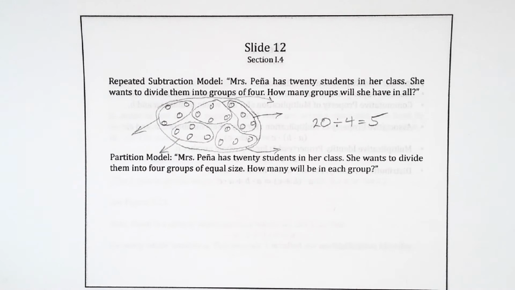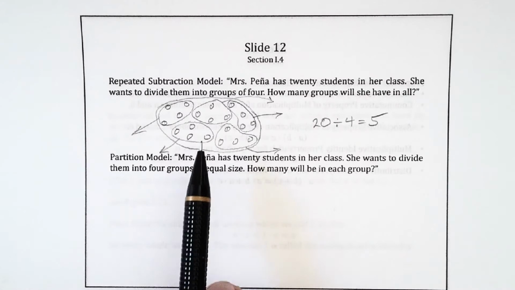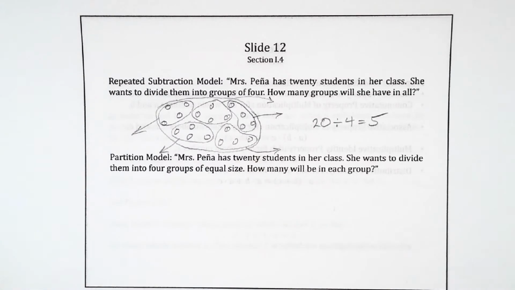Imagine how you would do this if this was actually your class. You would have to approach it differently from the way we did the last problem. If you take away 4 students, that's not going to help you form a group. So you still have to put them in the groups. Just subtracting 4 repeatedly does not really get you any closer.